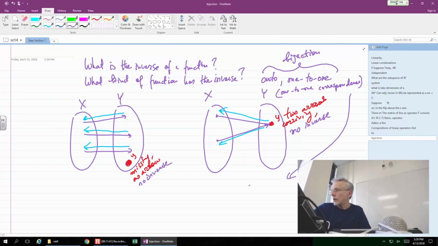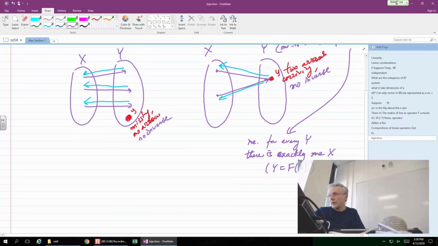So for every y there is exactly one x, where y is equal to f of x. If this is satisfied, then we know the inverse exists, even though we haven't said what it is. So remember the definition of the inverse: f of f inverse of x equals x.